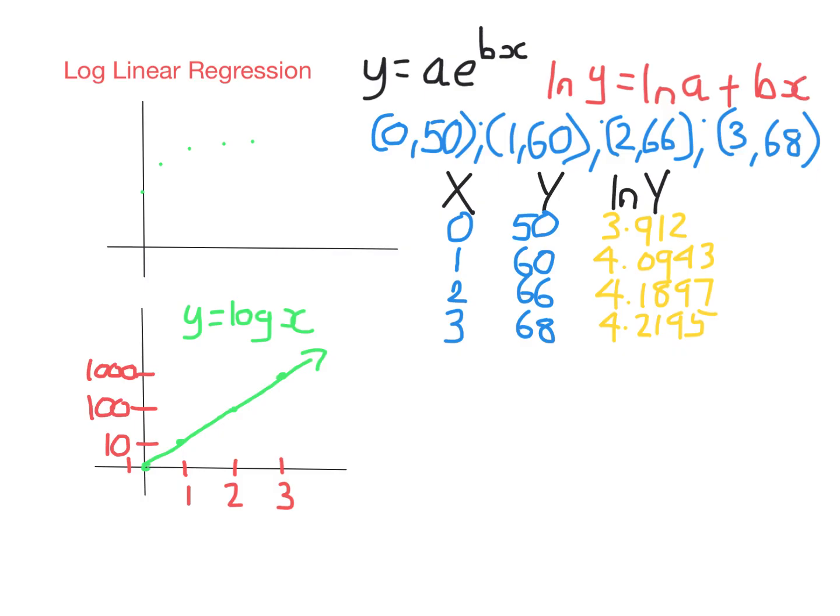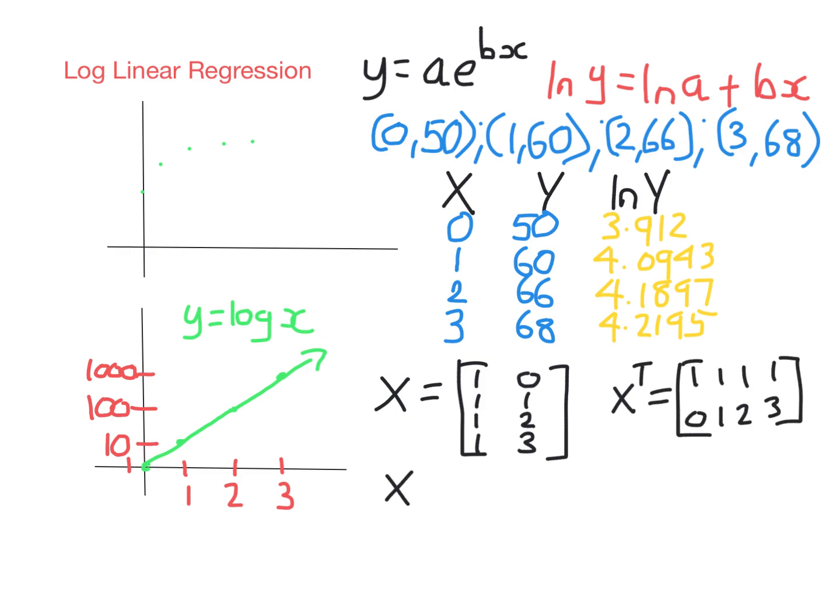So we're going to draw up our matrix X to reflect this. Our matrix will again have a column of 1s that represent the a, and because this is b times x, we put each of these x values in this column. So then, of course, X transpose will be this. Calculating X transpose X, we're just going to use our across by down again.